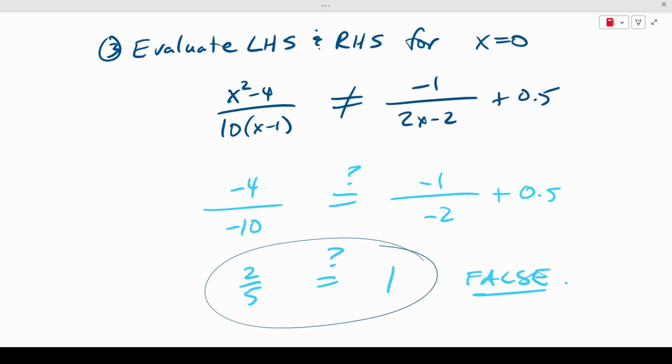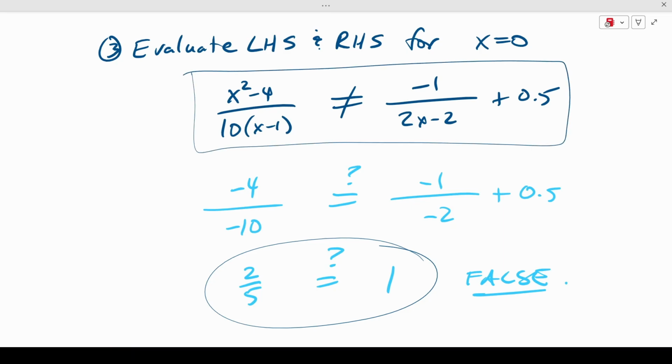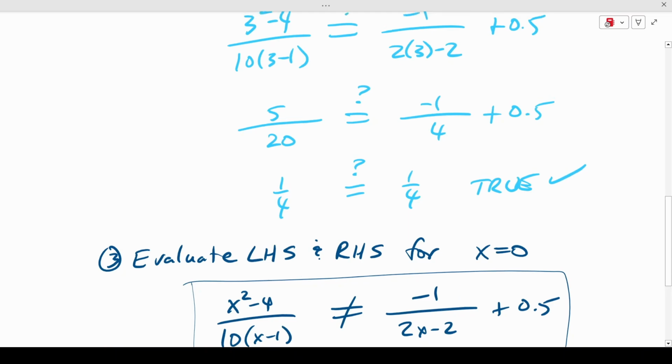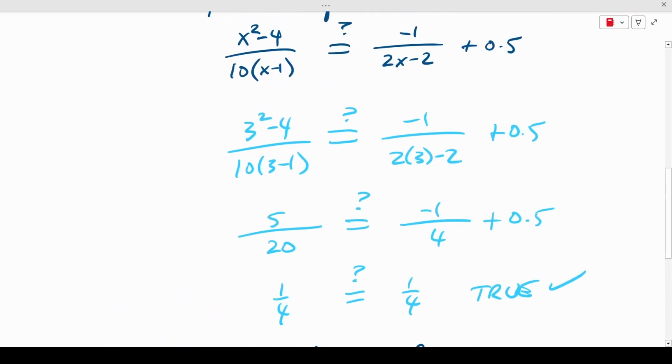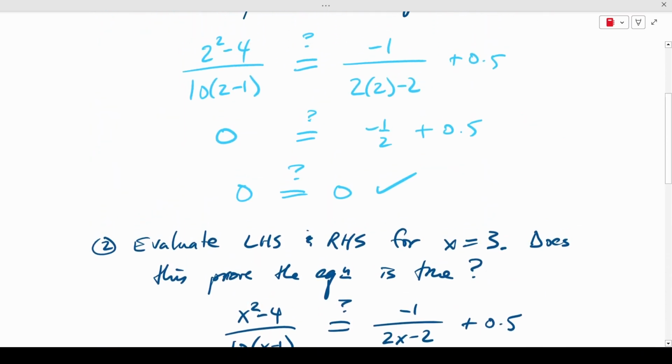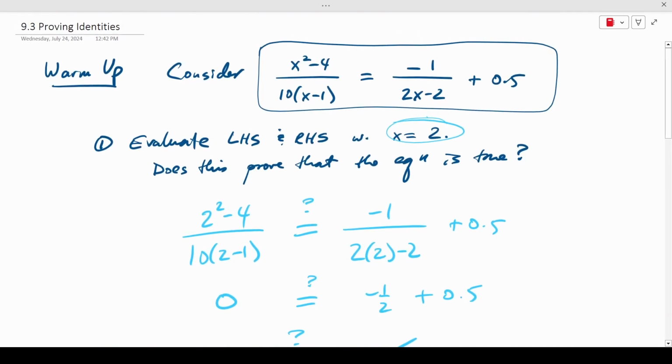So you only need one example where it doesn't work to prove that the equation is not true. Whereas you can go through as many possible values that do work, and it won't prove that it's true.